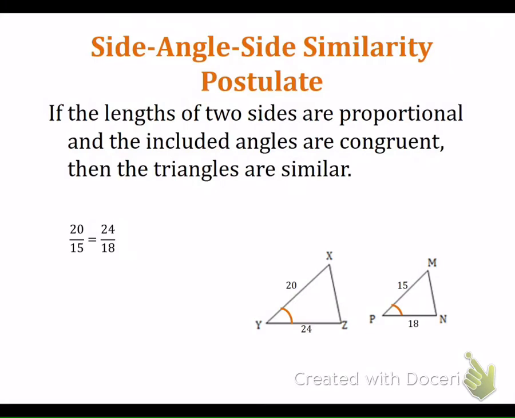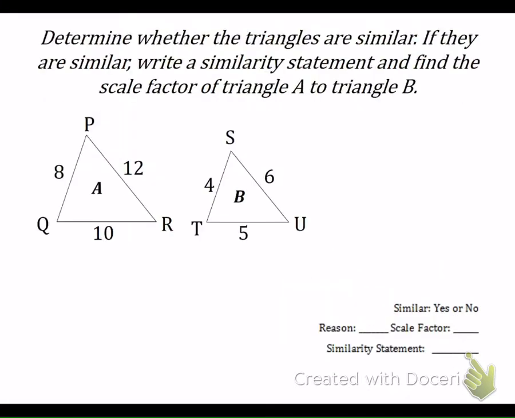Okay, so for these particular triangles, angle Y is congruent to angle P, and then those sides around those angles are proportional. So now we are determining whether the triangles are similar. If they are similar, we're going to write a similarity statement. We're going to find the scale factor. So we did a lot like this already. This shouldn't be anything new.